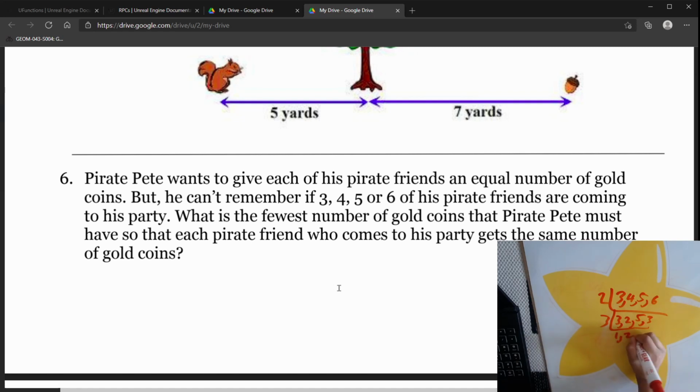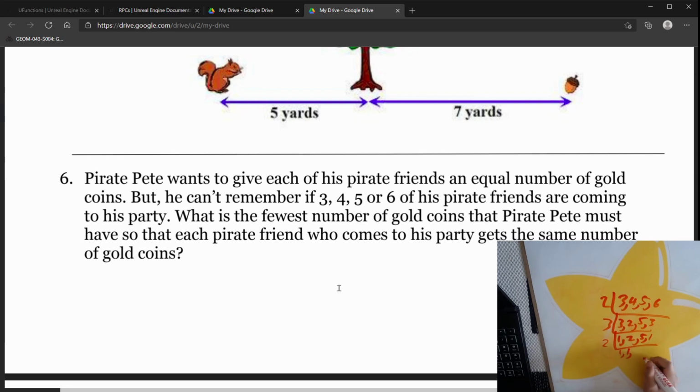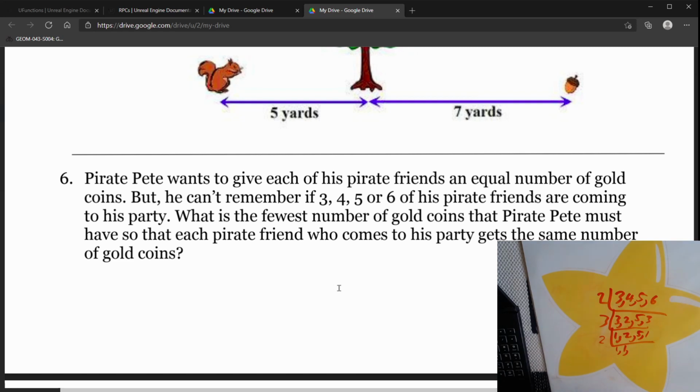And then 1, 2, 5, 1. Now we can take out with the 2. 1, 1. Well, actually, what you could do is you could just leave it right here. You wouldn't need to do everything, because then it would just be a waste of time.